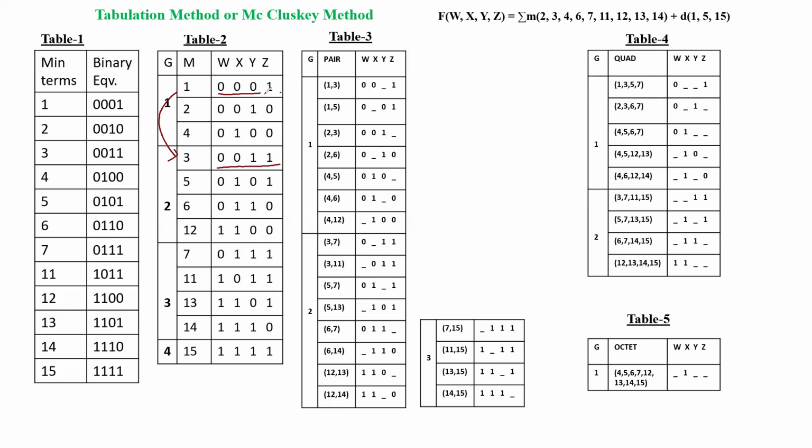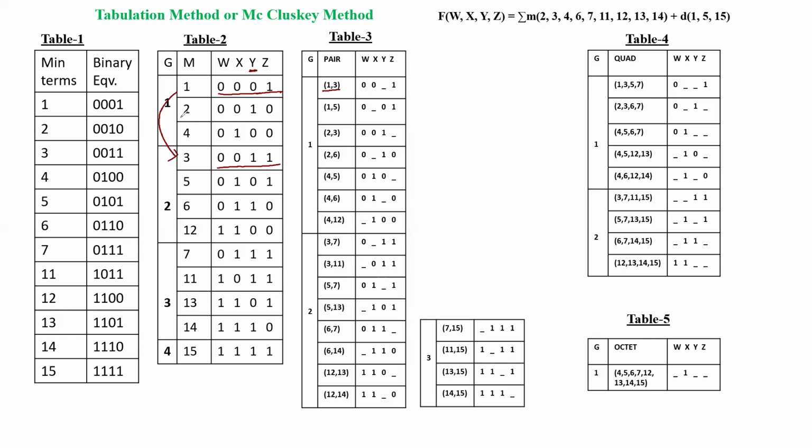Only one bit is changing, that is the Y variable. So in that place we put a dash. So here we have 00, dash, 1 for the pair 1, 3. The third bit is changing, or from the LSB side, the second bit is changing. So the Y variable is changing here, so we have put an underscore. The remaining bits we keep as they are.